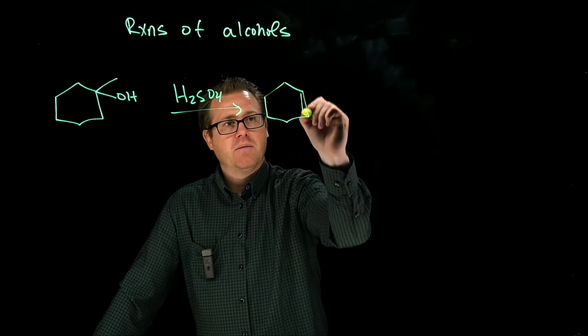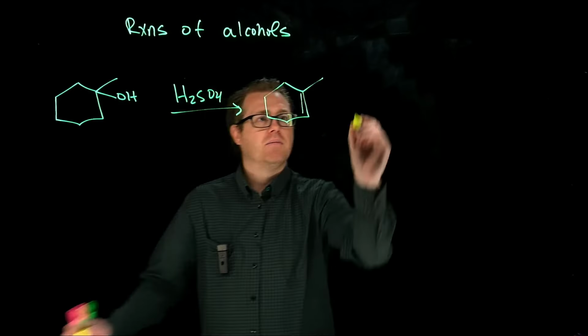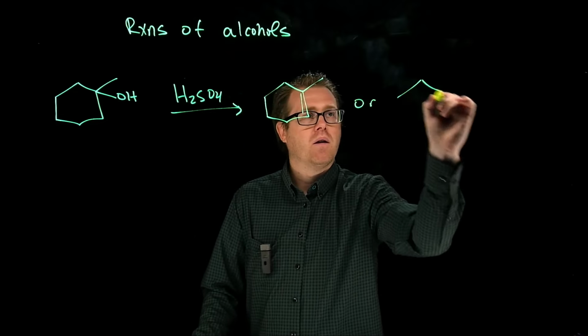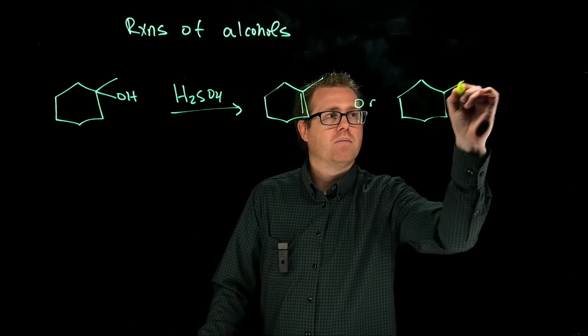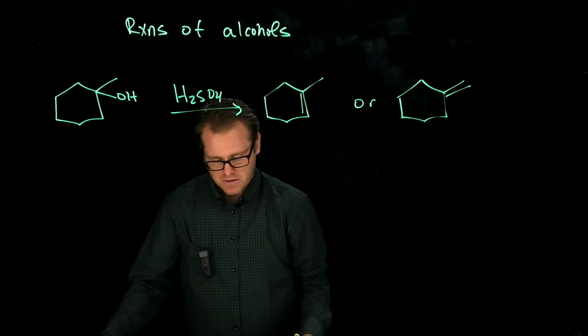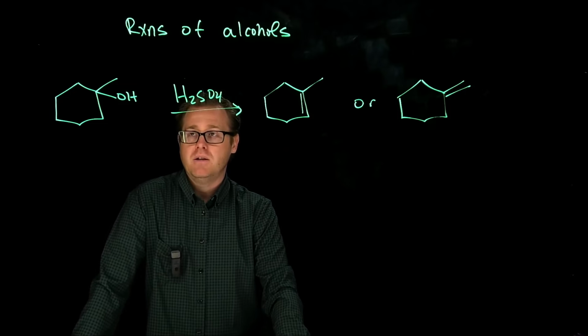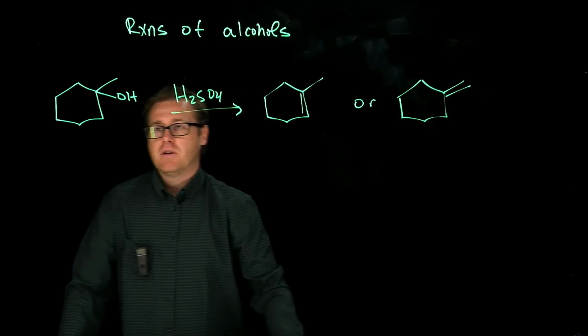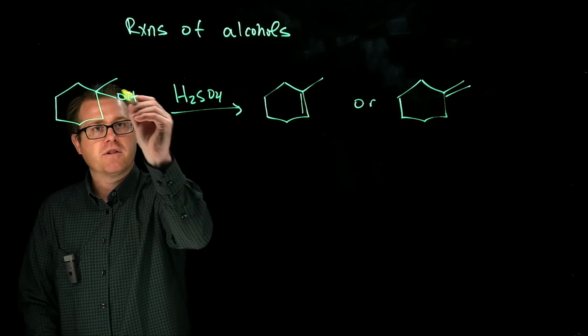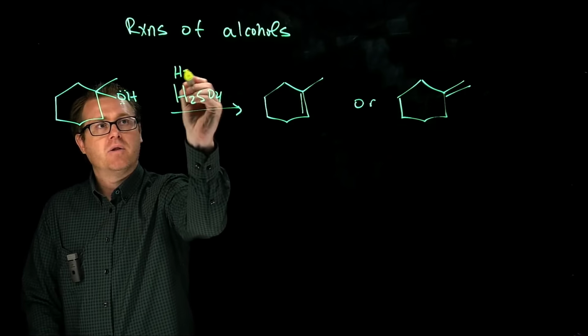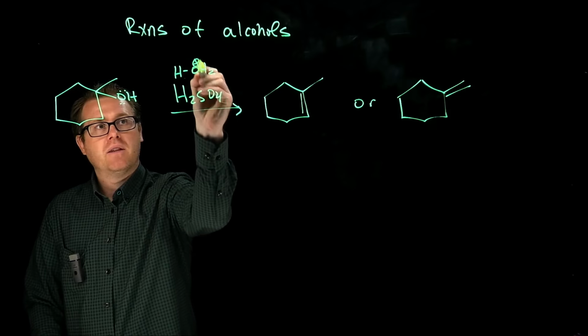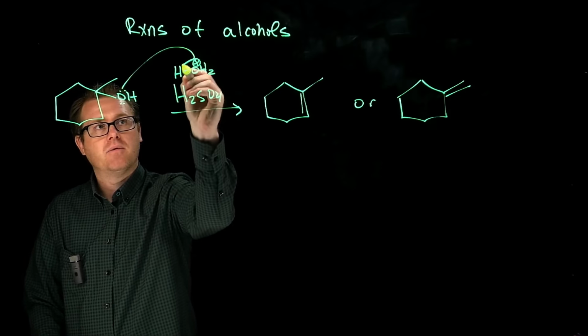Do you think it's going to be that one or that one? Which one is the major product? Well, if we go through and look at the mechanism here, what's the first step? It's going to abstract one of the acidic protons, right? Whoops, that one.